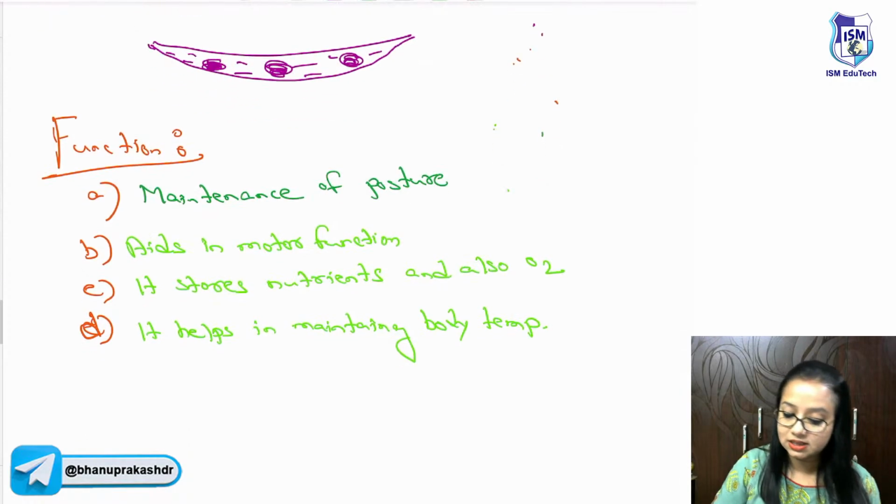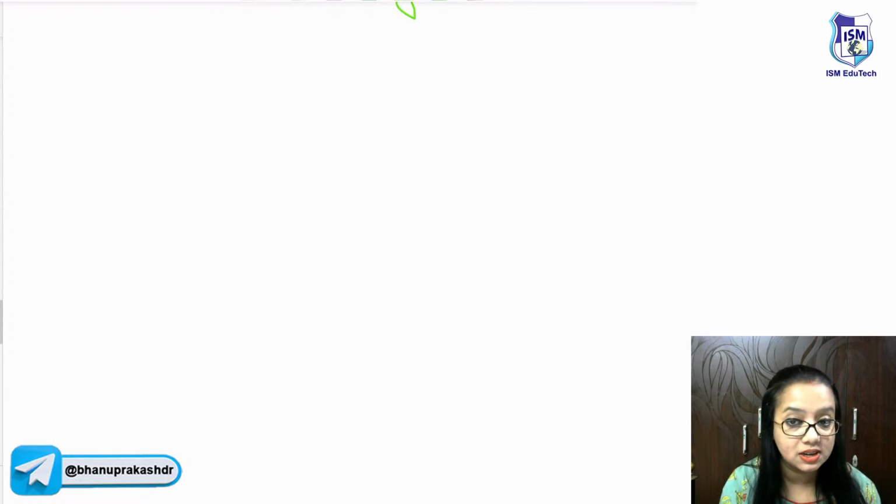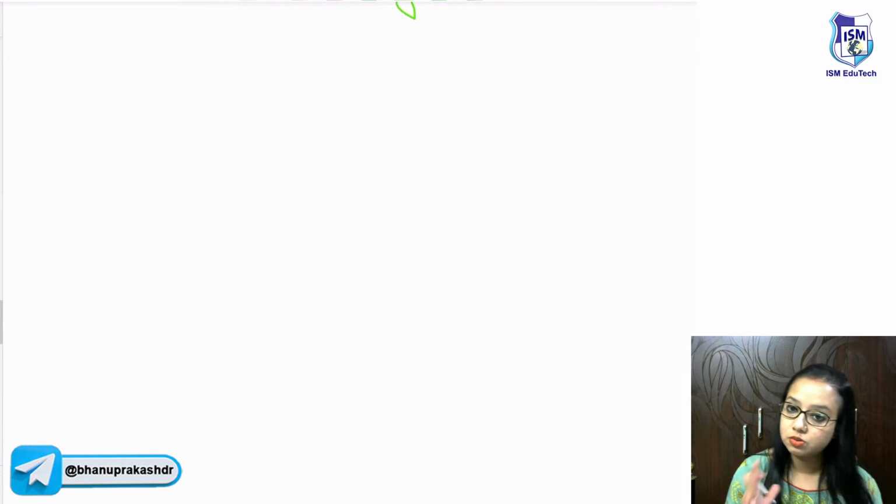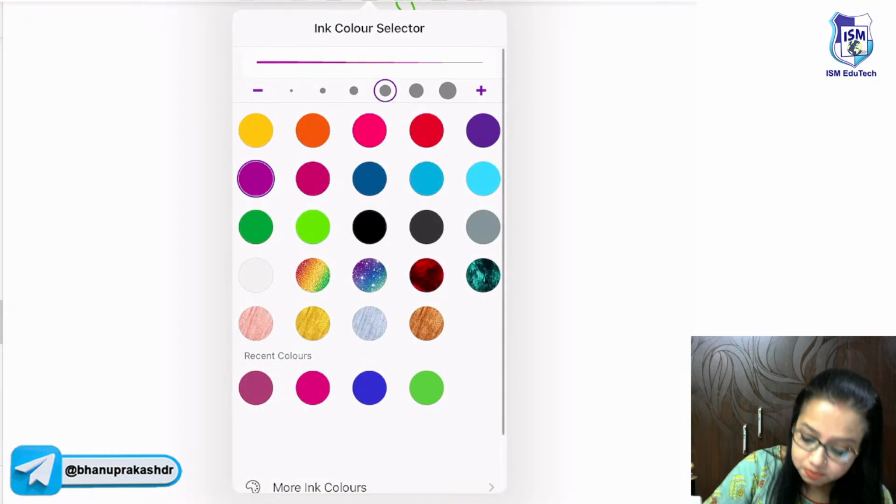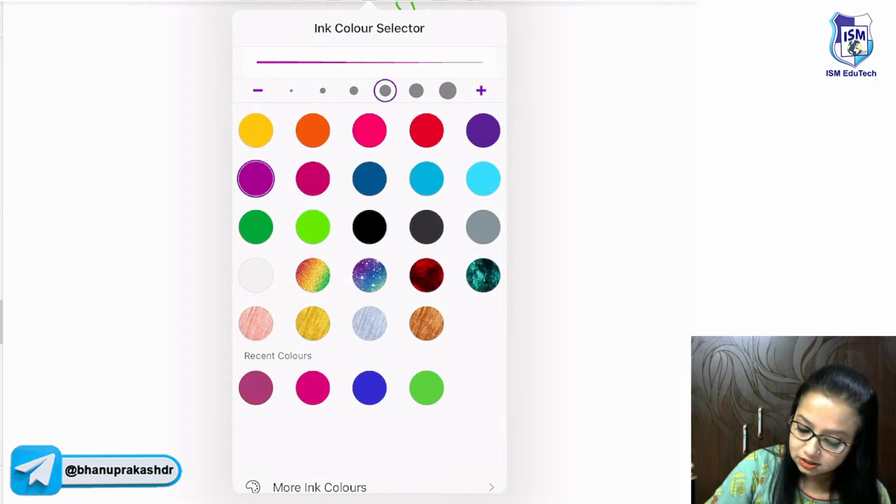Okay, these are the functions of a skeletal muscle. So skeletal muscle means its unit is the myofibril, the skeletal muscle fiber. All these myofibrils, the skeletal muscle fibers together, help in carrying out these functions. Okay, coming to the important structure, that is the sarcomere.